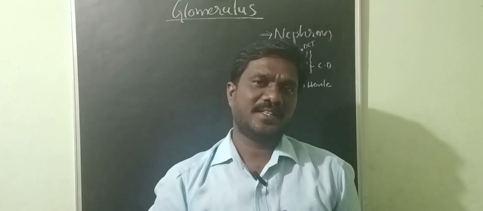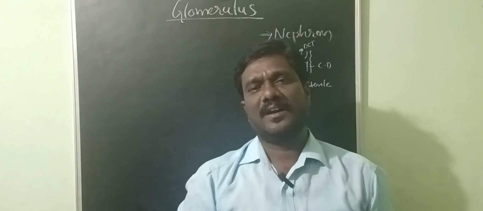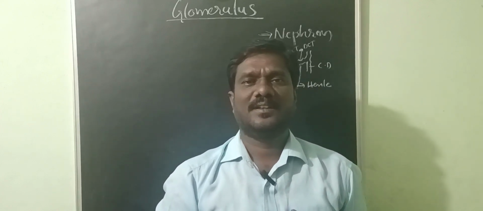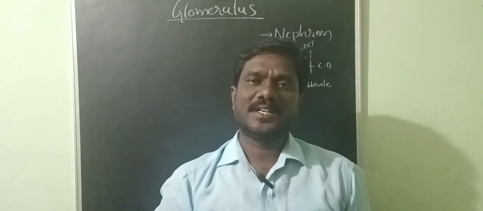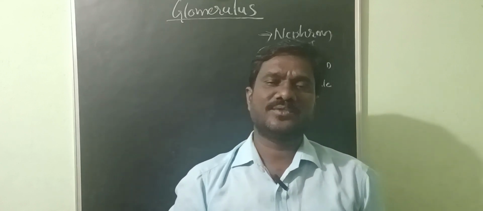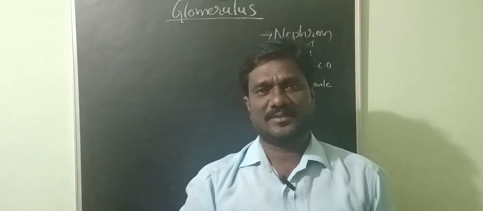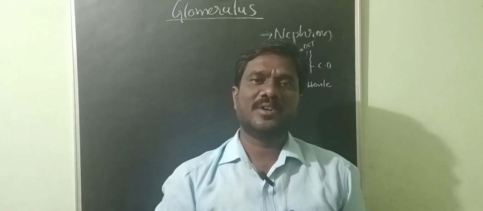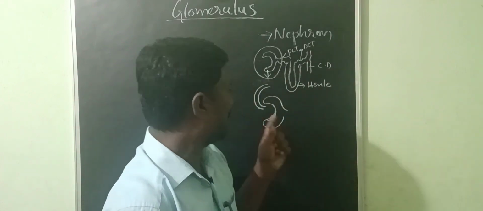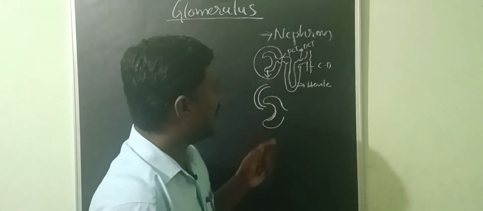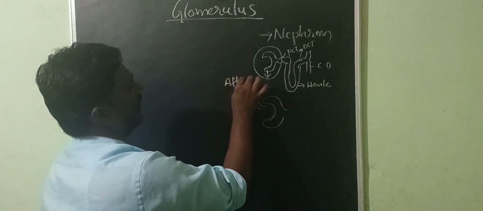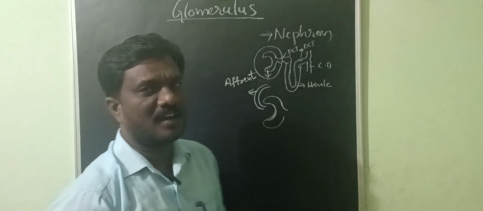This renal artery carries oxygen and is also loaded with waste materials. When it enters the kidney, it is divided into many arterioles. Each arteriole divides again and comes to the blood capillaries by an afferent arteriole. This one is the afferent arteriole.